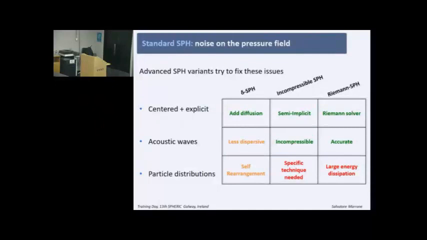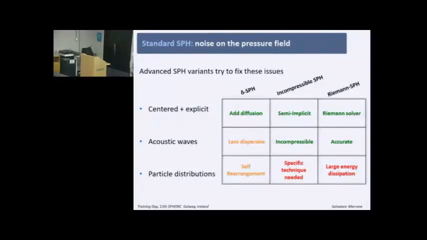So you can see that the first aspect, the fact that the SPH scheme has a structure that is centered, like centered differences, and is explicit, is addressed by the Delta-SPH by adding diffusion in the equation, while the incompressible SPH, being semi-implicit, solves this part, and the Riemann SPH solves it by introducing diffusion through the Riemann solver.